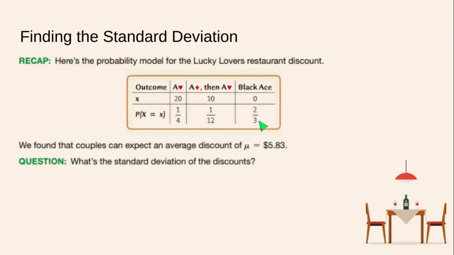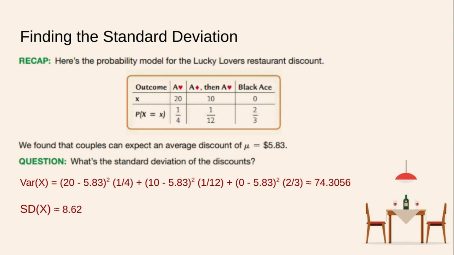So whichever way you did it, you'll get the same answers, but I did it longhand here, found each of the deviations, wrote them all out like that, squared them, multiplied them by their respective probabilities, found the sum, and that's going to be $74.31 approximately. And if we were to find the standard deviation, just take the square root, it's about $8.62.